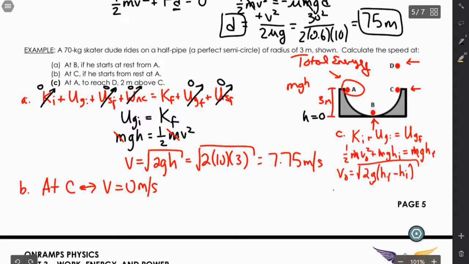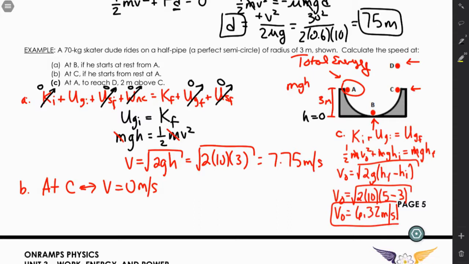So you're going to say V0 equals the square root of 2 times 10 times 5, because D is going to be 2 meters above point C. C is at 3 meters, D is 2 meters above that, and A is at 3 meters. So to get to point D, we would have to start with a minimum velocity of 6.32 meters per second.